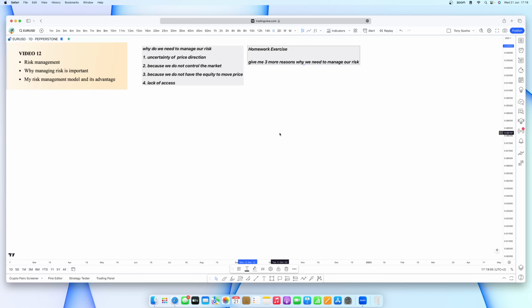Okay, so I'm going to give you my risk management model. This is how it looks. So I'm going to agree that we're going to start with a hypothetical balance of $500.